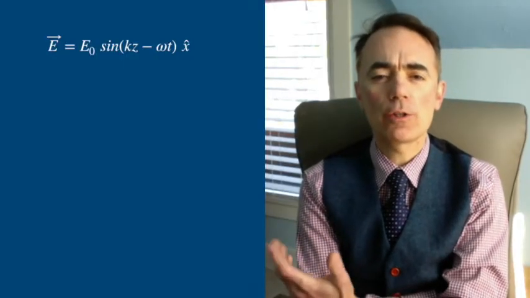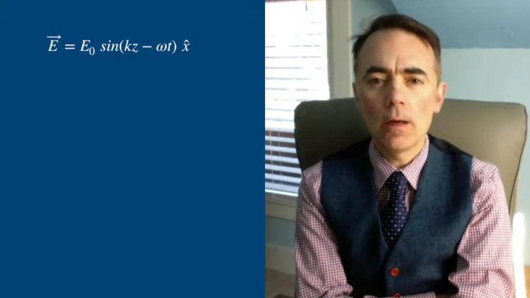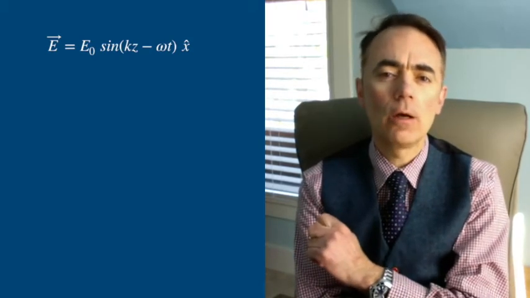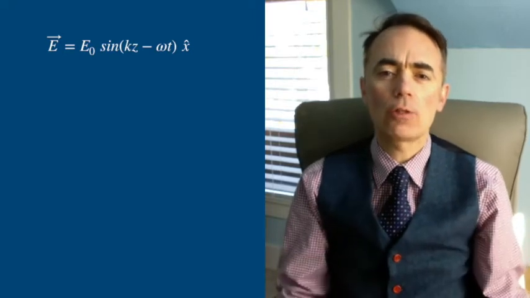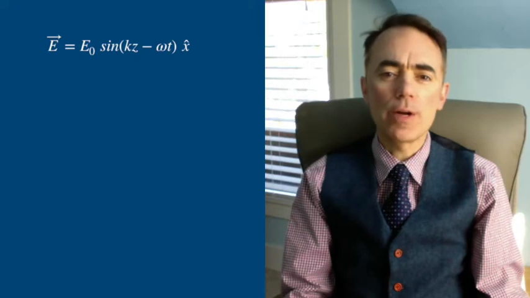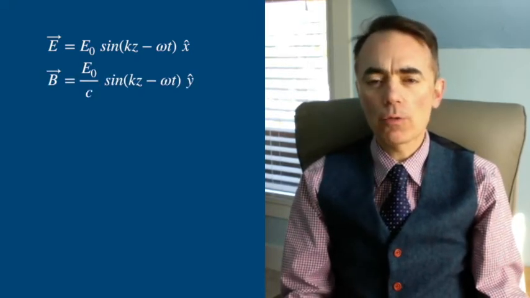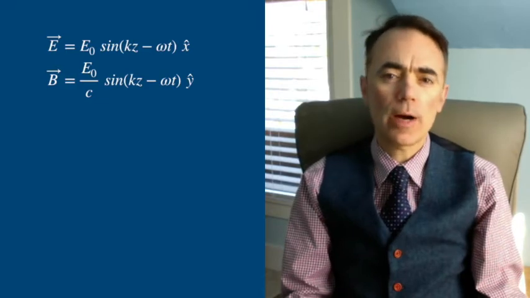For example, if the wave is described by the equation E naught sine of kz minus omega t in the x hat direction, the wave is polarized in the x direction. From here, the B field is written as E naught over c sine of kz minus omega t in the y hat direction.